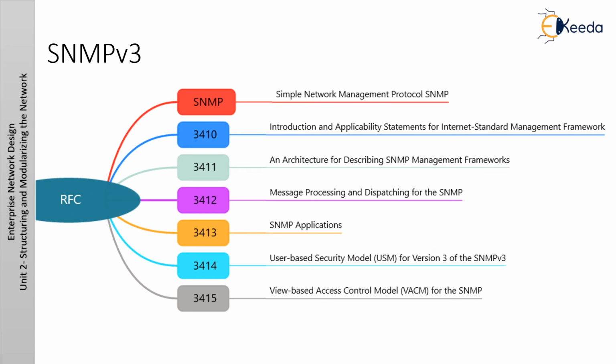Due to the shortcomings of SNMP version 2, SNMP version 3 came into existence. This is the latest SNMP version to become a full standard. Its introduction has moved SNMP 1 and SNMP 2 to historic status. SNMP version 3 is described in RFC 3410 through 3415.